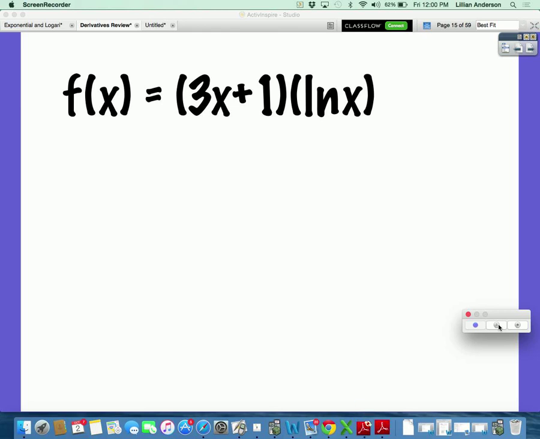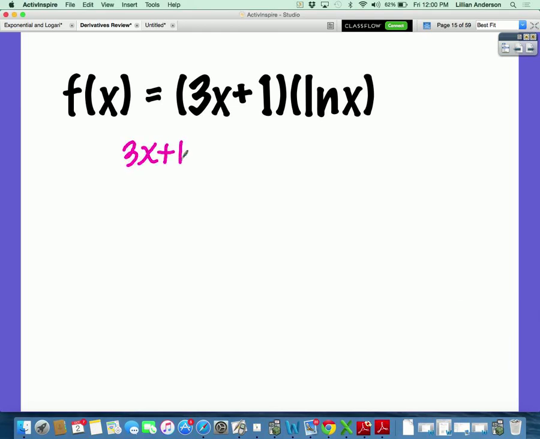So you take the first, and then you multiply by the derivative of the second. What's the derivative of ln of x? Okay, and then you add it to the second, which is ln of x, times the derivative of the first. Okay, and the derivative of 3x plus 1 is 3.